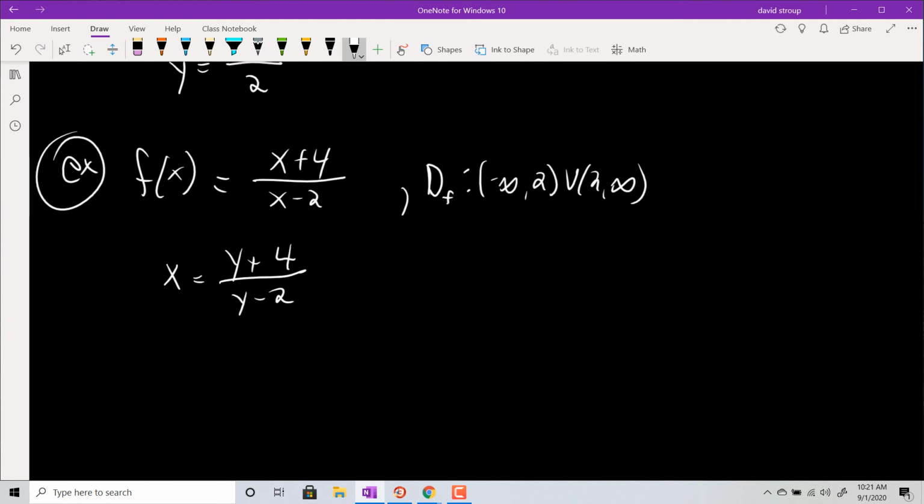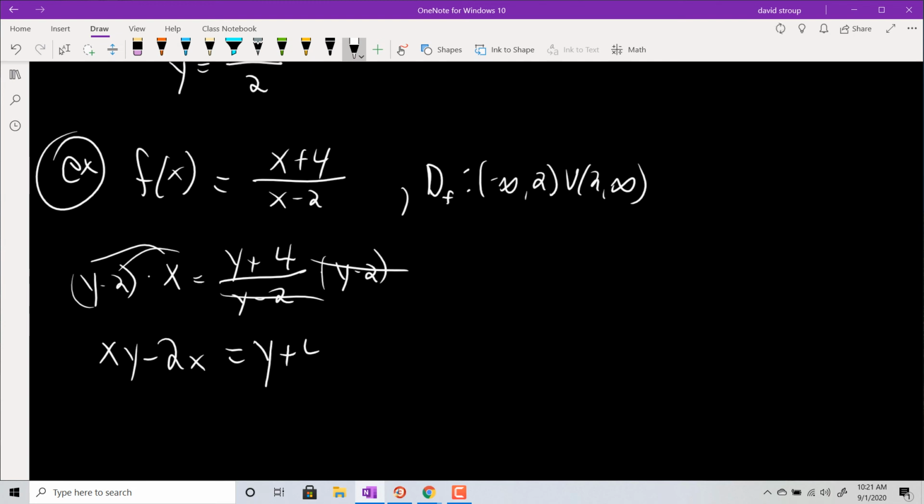This one's a little more difficult. I have to multiply both sides by y minus 2. On the left-hand side, I'll distribute, so I'll have xy minus 2x. On the right-hand side, the y minus 2's are removed, and you get y plus 4.